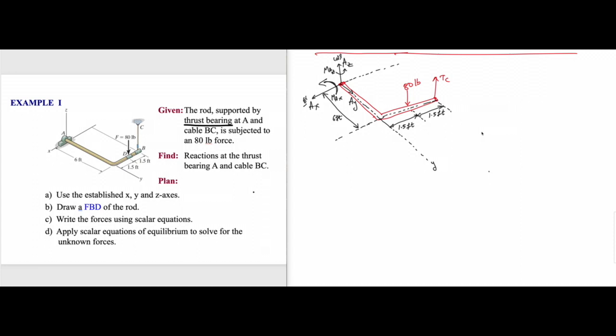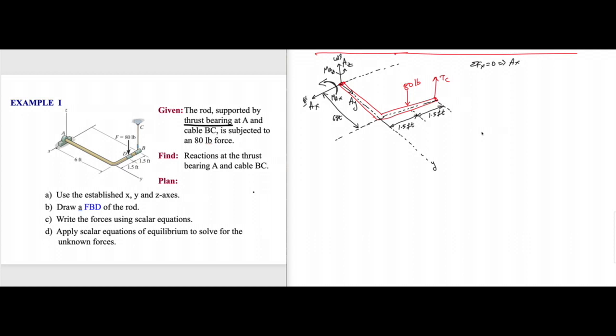Now let's apply equations of equilibrium, which is sigma Fx equal to 0. That implies what are all the forces in the x direction? We have Ax, and that's it.